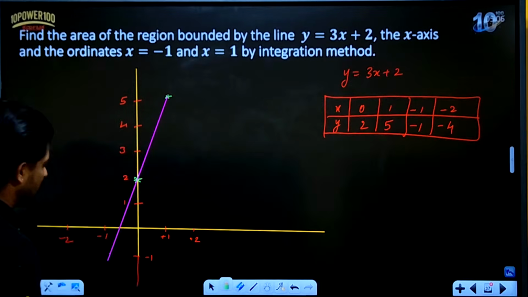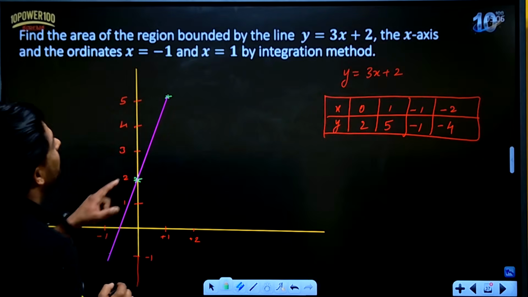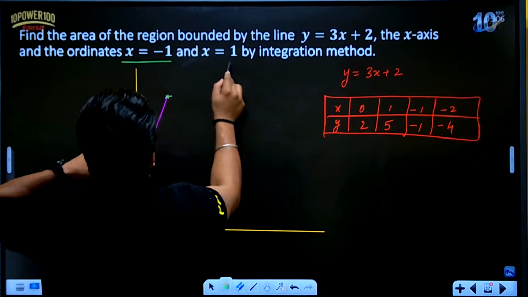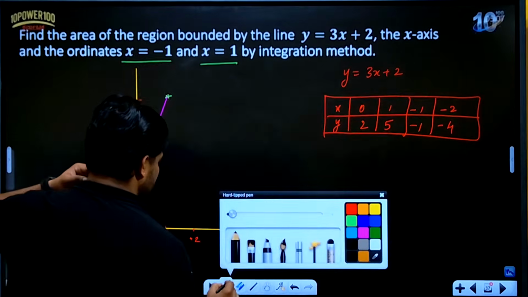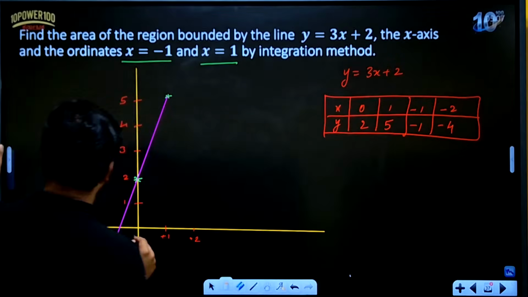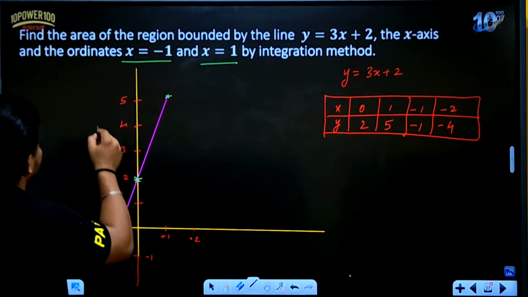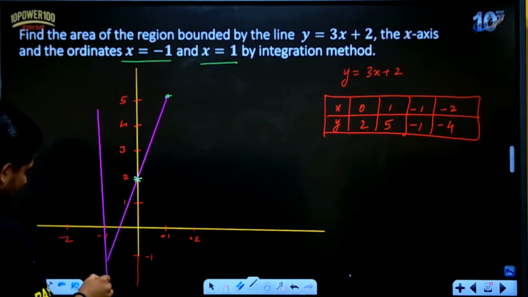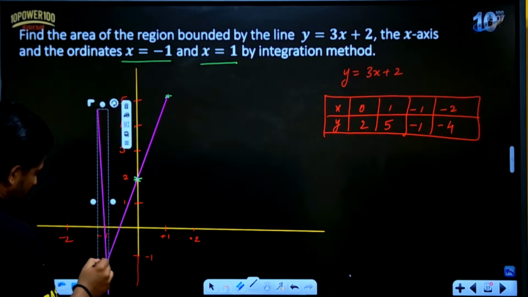So this is actually the line. They're asking in between x is equal to minus 1 and x is equal to 1. So this is the line.